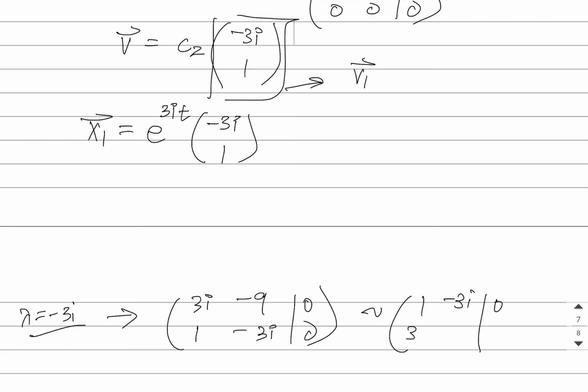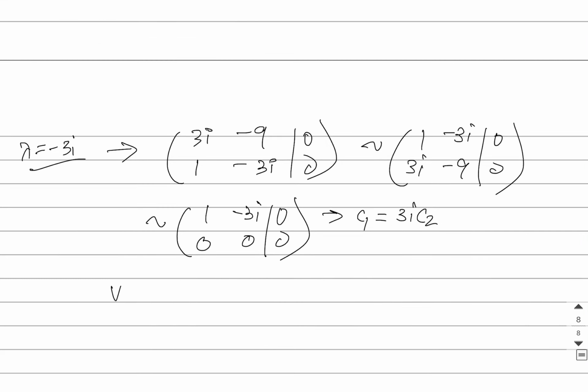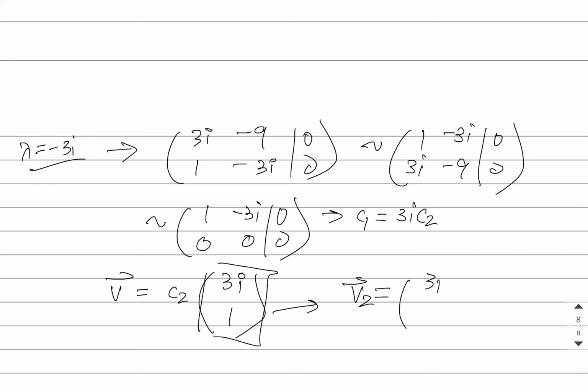What we would find is that if we are going to have non-trivial solutions, one of those rows must be a duplicate of the other. This relationship is going to tell us that C1 is 3i times C2. The non-trivial solution to this problem will be [3i, 1]. So we'll take this vector to be our second constant vector, [3i, 1].